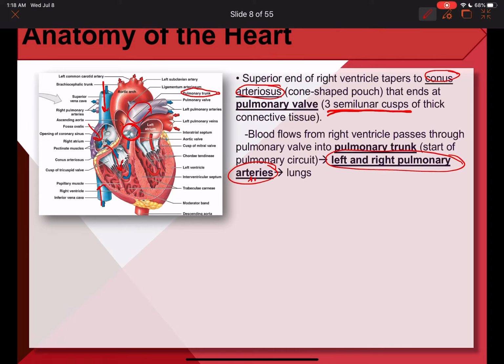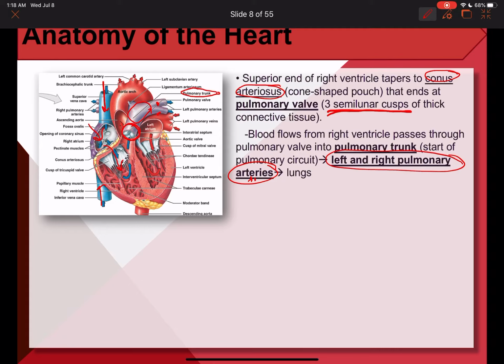Even though it's blue in color, don't go by color to know whether it's called an artery or vein, because this is one of the exceptional places in the body where blue is actually talking about arteries. Okay, because it is moving blood away from the heart, not towards the heart. So that's why we call these here the pulmonary arteries, okay?